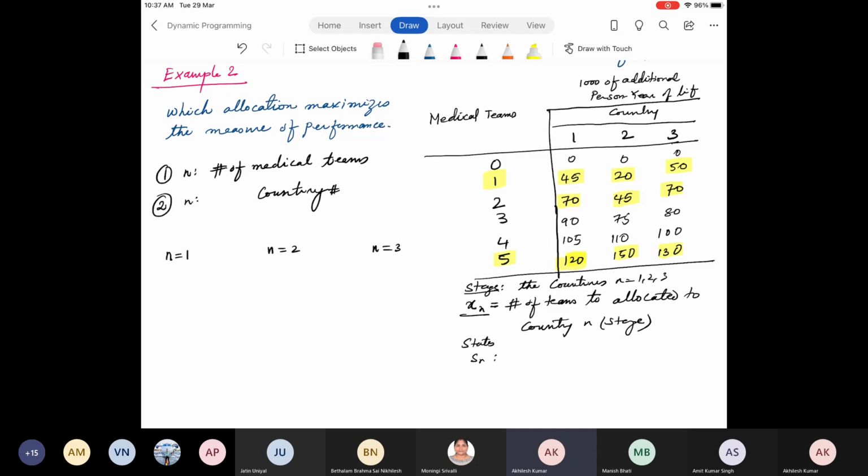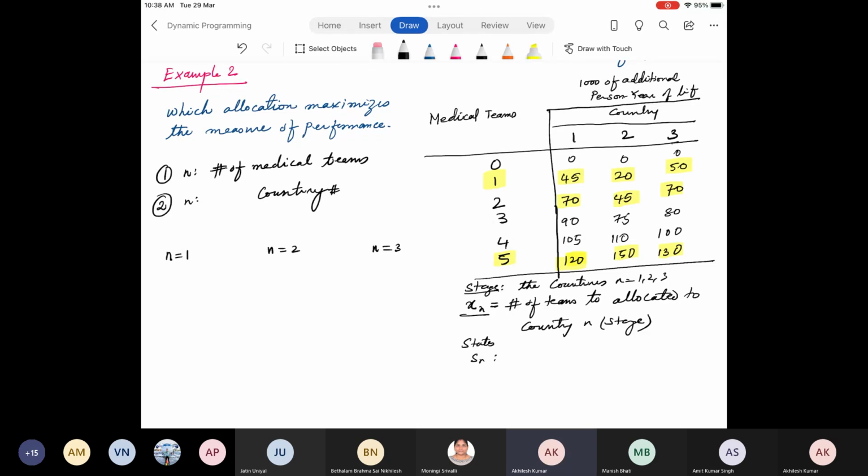So let's look at it. When I'm in stage 1, how many teams I have to allocate? 5 teams. Right? Now, let's say I made some allocation and then I move to stage 2, country 2.